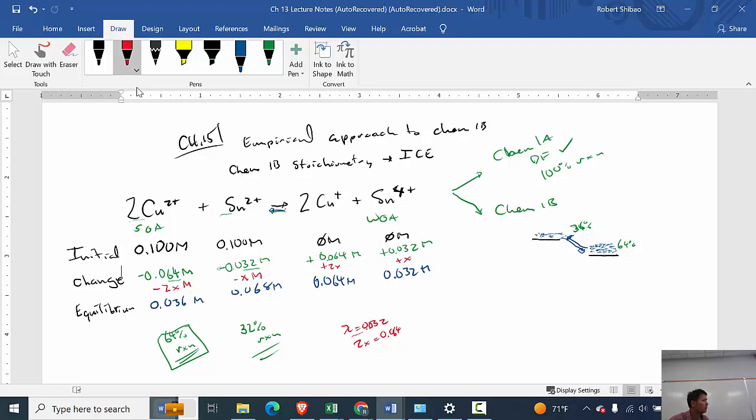experimentally. We figured it out using empirical observations. So that we see that we got 64% reaction here, or 32% reaction with tin, too. And so now I have an idea of what's going on here.